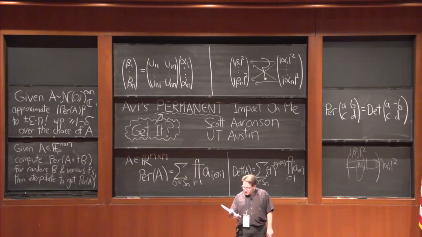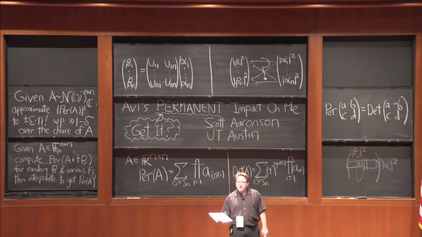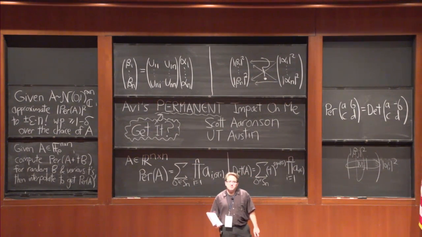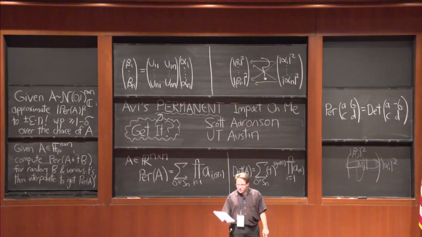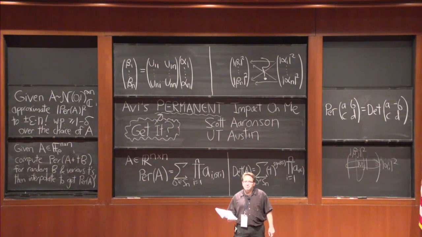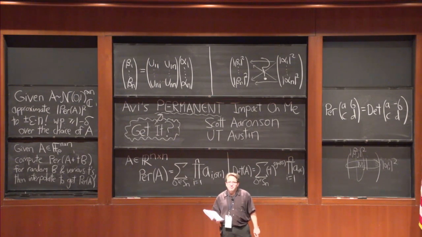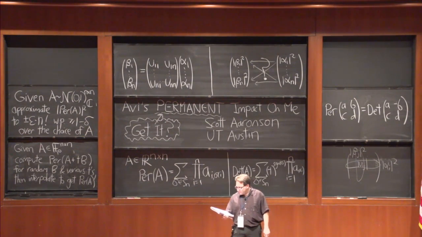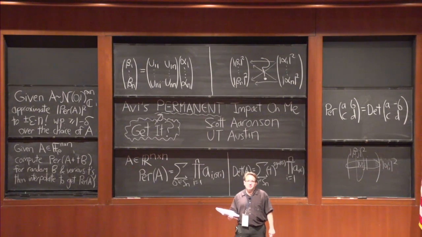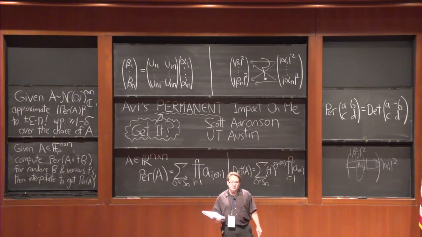Okay, so what Arkhipov and I proved was that this gives rise to a probability distribution that can be sampled in quantum polynomial time, but that cannot be sampled in classical polynomial time unless the polynomial hierarchy collapses to the third level.